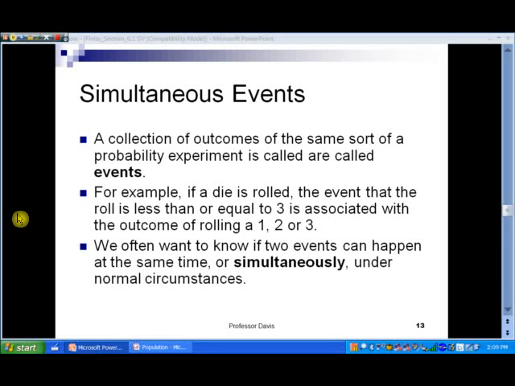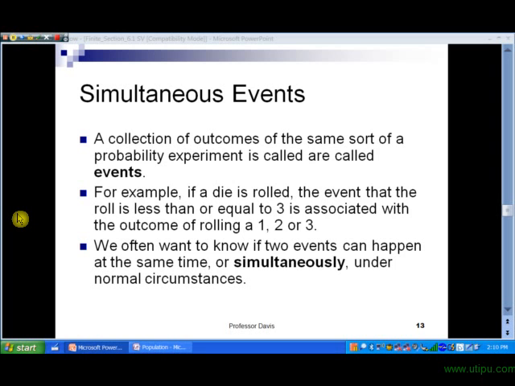The third part of Section 6.1, we want to talk about the notion of simultaneous events. So in slide number 13, we talk about what we mean by that. We can say that a collection of outcomes of the same sort of a probability experiment are called events.